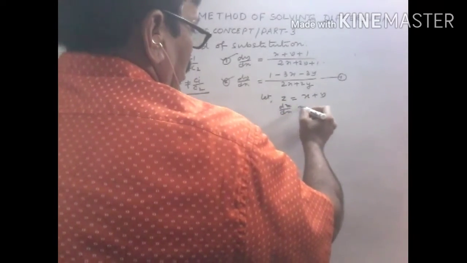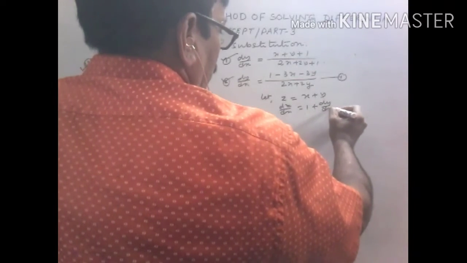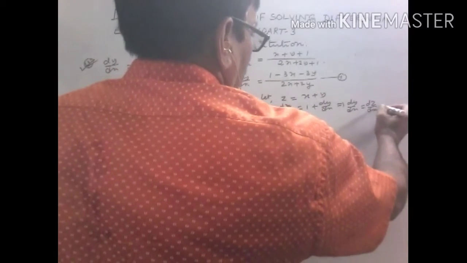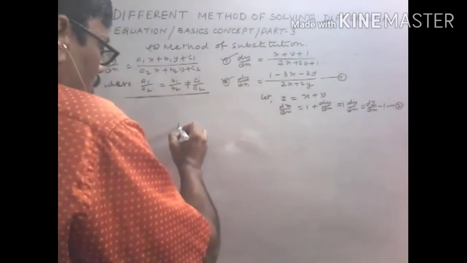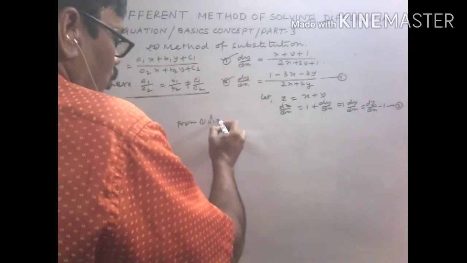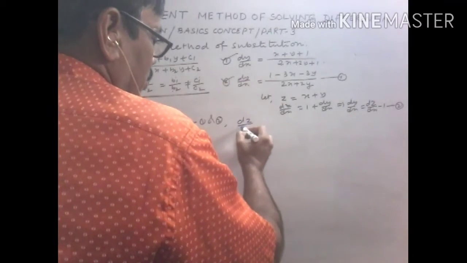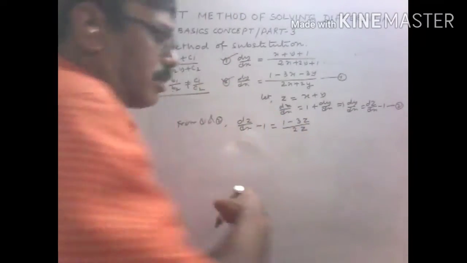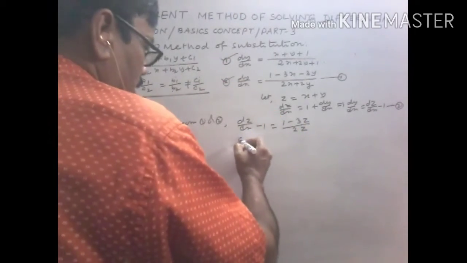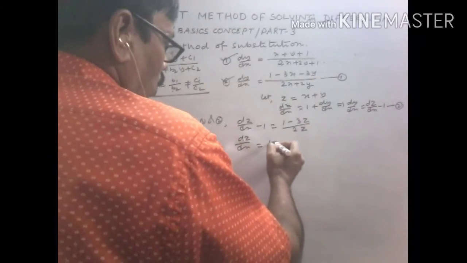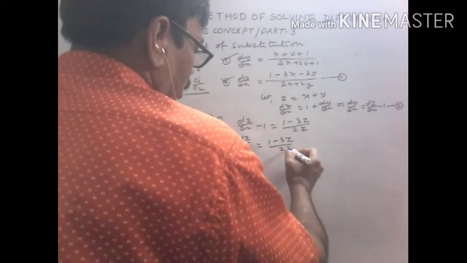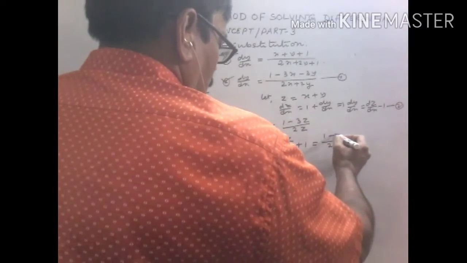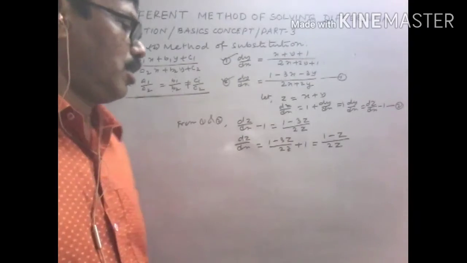So dz/dx equals 1 plus dy/dx. So this implies dy/dx equals dz/dx minus 1. So from 1 and 2, dz/dx minus 1 equals (1 minus 3z) over 2z. So dz/dx equals (1 minus 3z)/2z plus 1. So 2z is the LCM, giving 1 minus z.